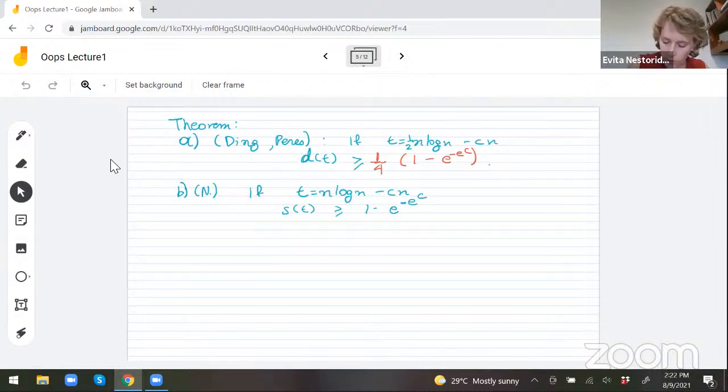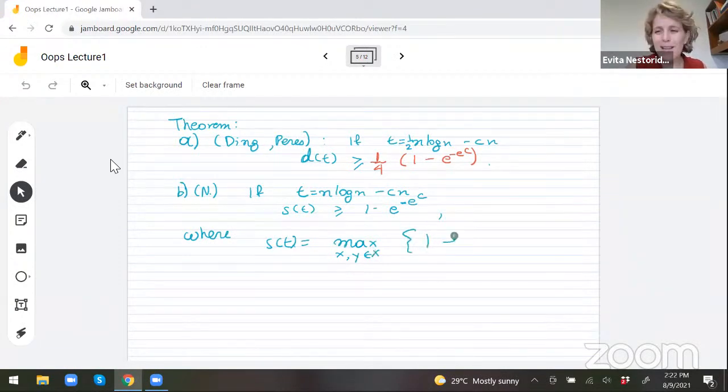So what is this ST? ST is defined differently. It's the maximum over all starting configurations and final configurations, X and Y. It looks like the L infinity norm, but it isn't.